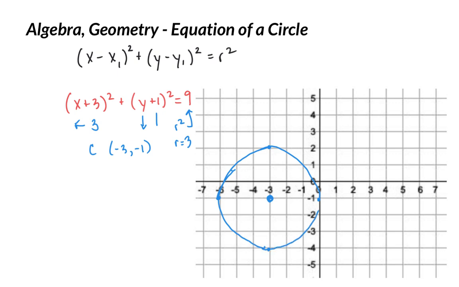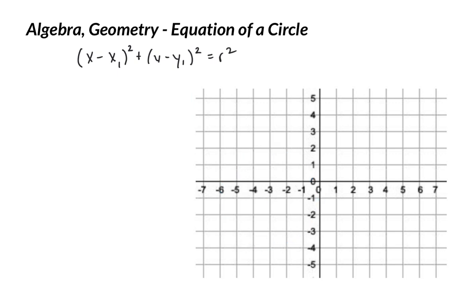Something like that. Let's say we were given the circle and asked for the equation. Well, I would start by writing down that the center here appears to be where x is 1 and y is 3, and the radius appears to be 1. So we would have x minus 1.